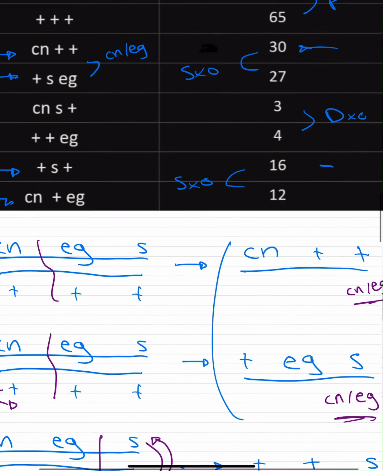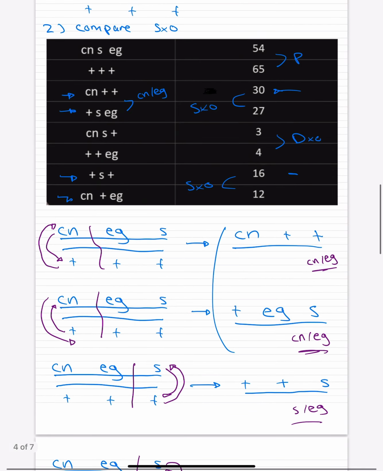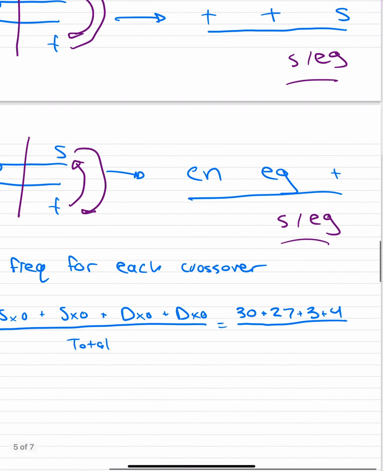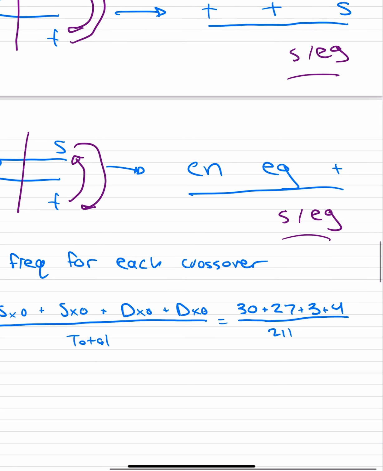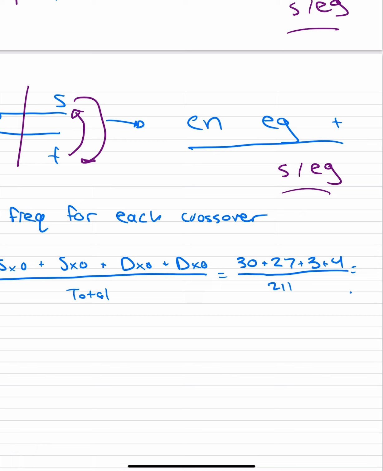Total is, if we add this all together, I'm great at math, so that's 211. If we plug that in, that will give us 0.303 or 30.3% recombination frequency.